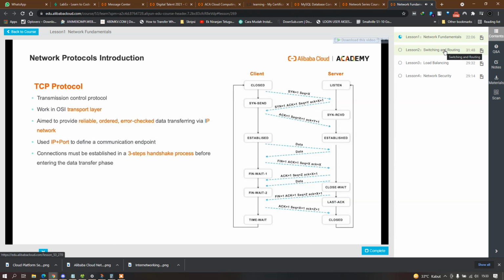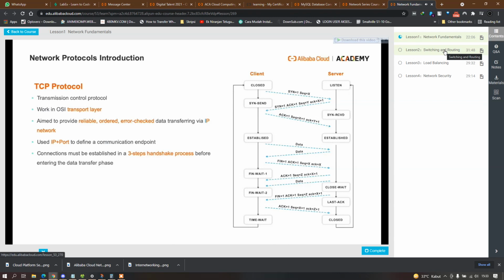What we should know about TCP is that this protocol is aimed to provide reliable, ordered, error-checked data transferring via IP network, which means if you are using TCP, you don't have to worry about whether the data has been transferred successfully or not, whether the data is lost or not, because TCP will help you to do this kind of checking and verifying. So this is what TCP does.